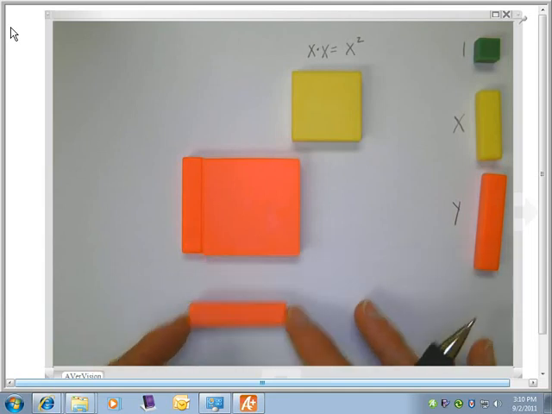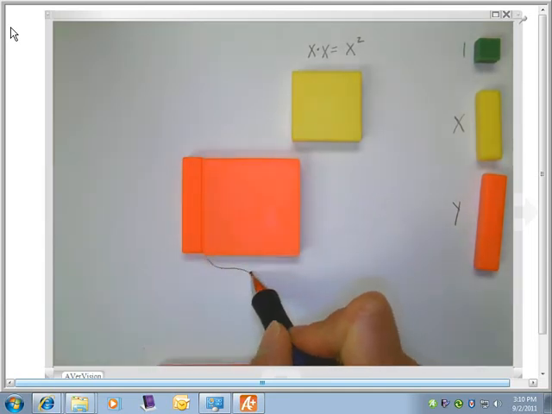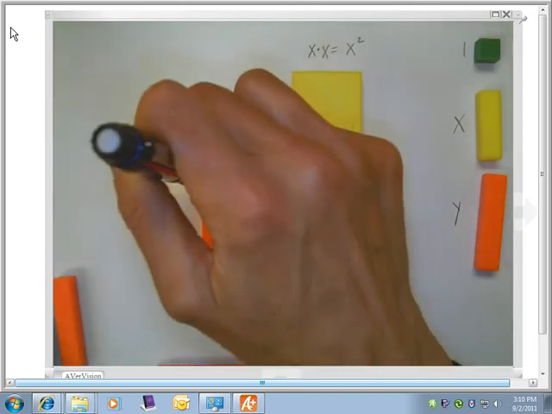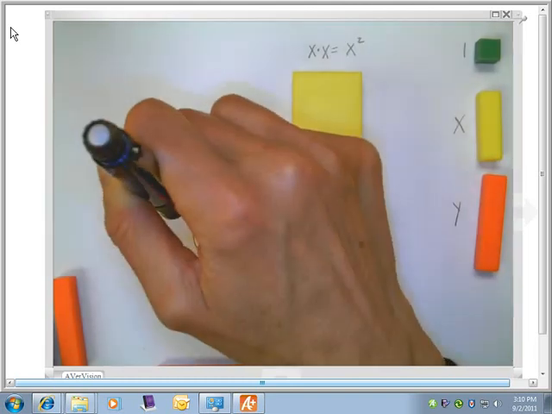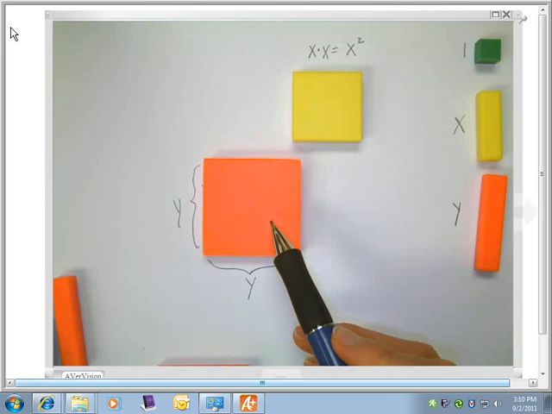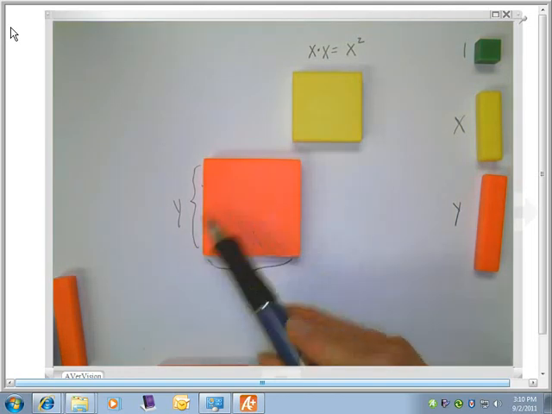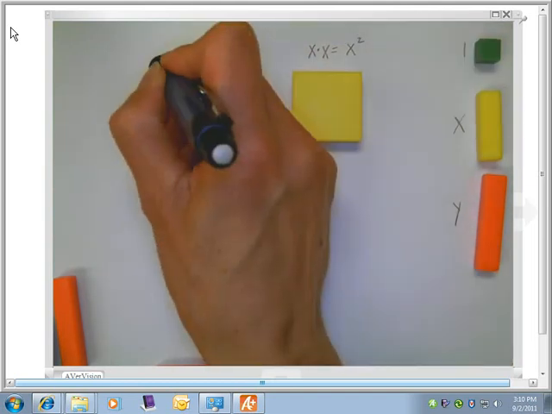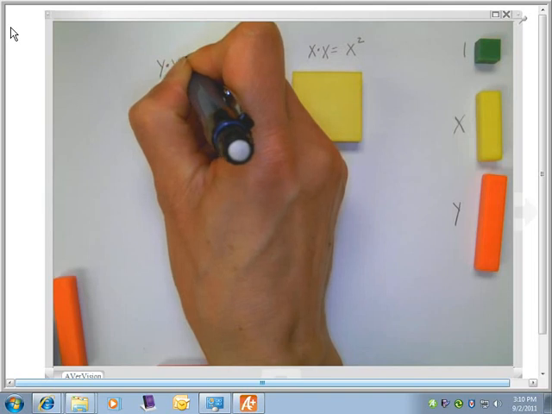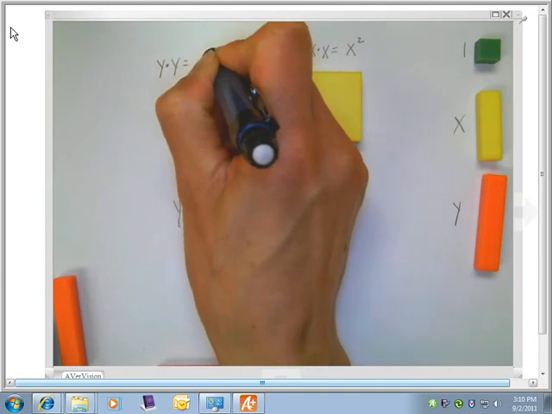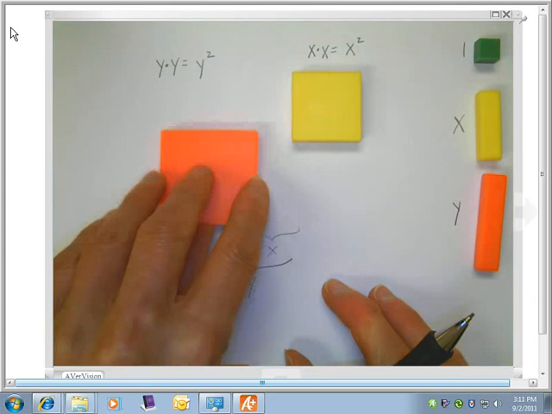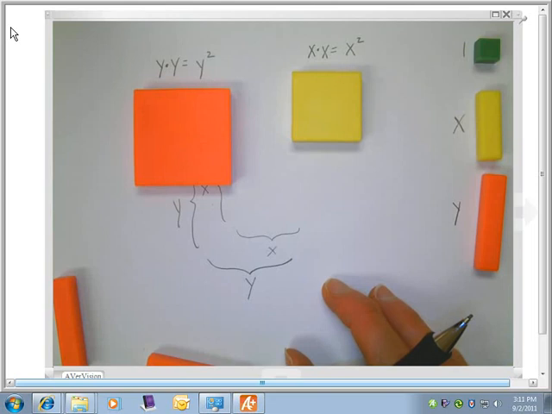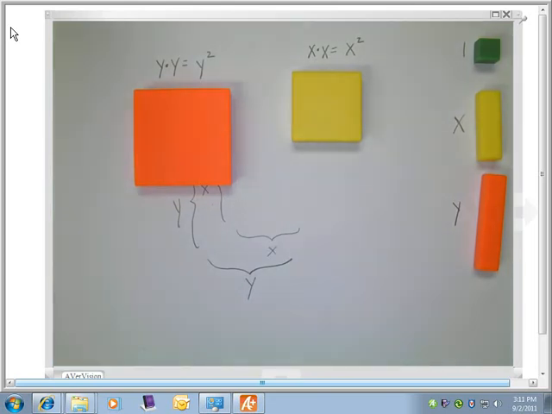So this side is the length y, and this side is also the length y. So how do we find our area? Well, our area is y times y, which equals y squared. So y squared goes with that.